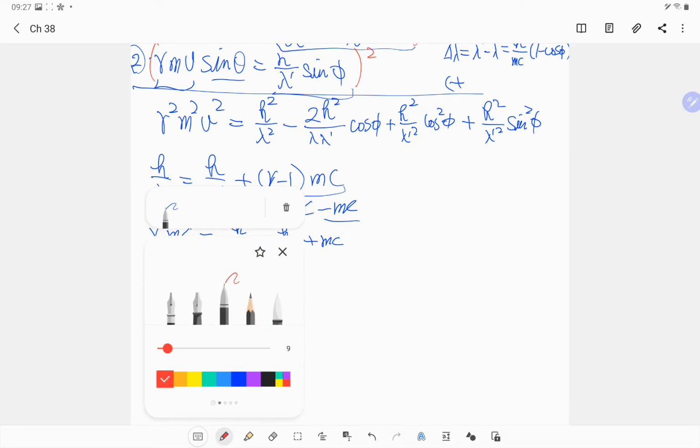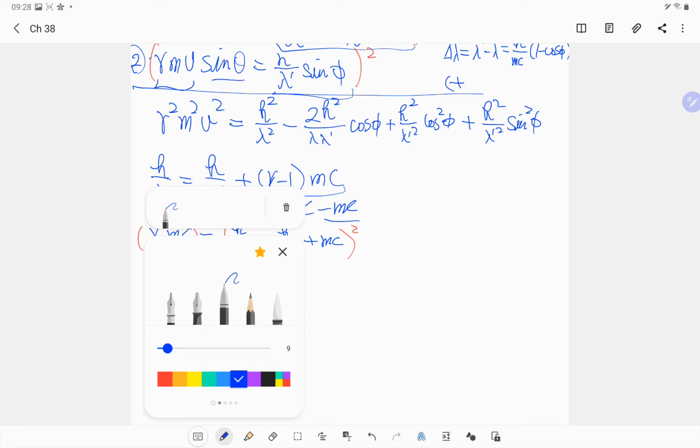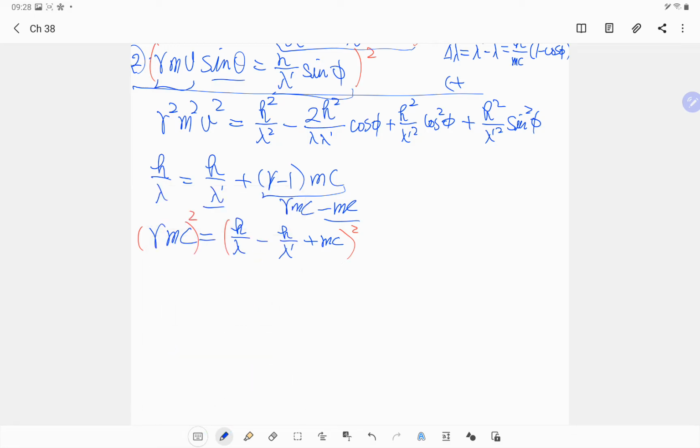Slightly rearranging the terms, we'll come up with this one. And similarly, we can just square both sides. So on the left side, we have gamma squared m squared c squared. And then on the right side, it will be a bit more complicated.